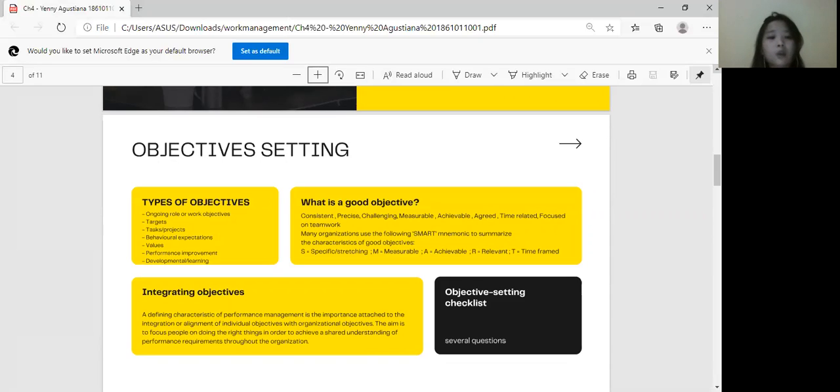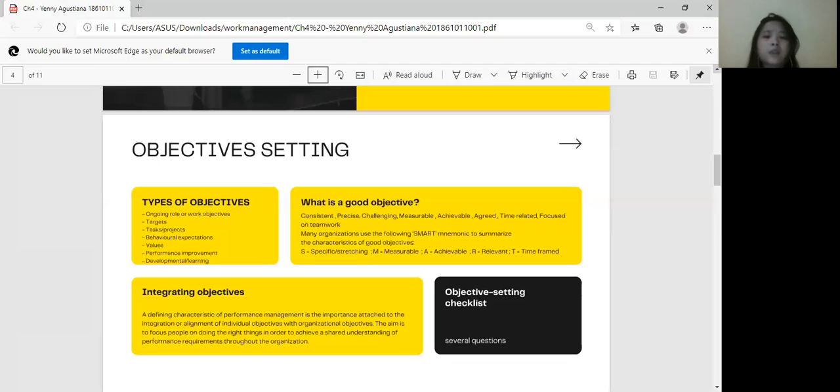Talking about performance improvement, it is the process of objectives defining what needs to be done to achieve better results. And we also need to develop our learning, specifying areas for personal development and learning in the shape of enhanced knowledge and skills.